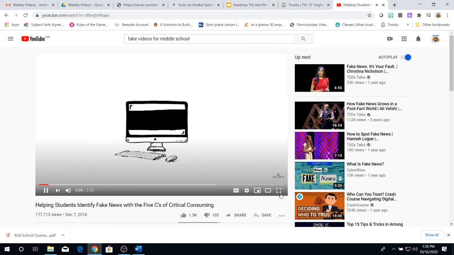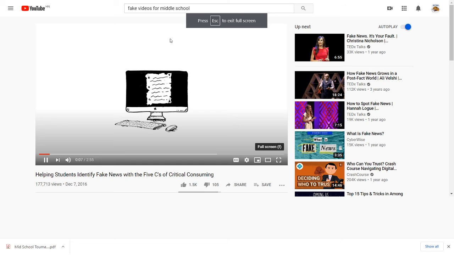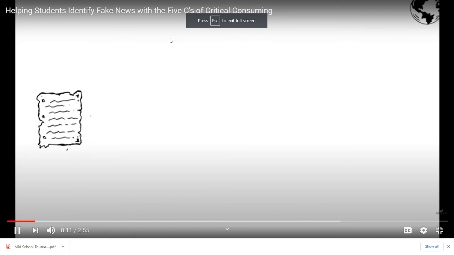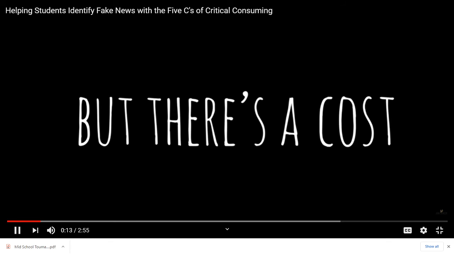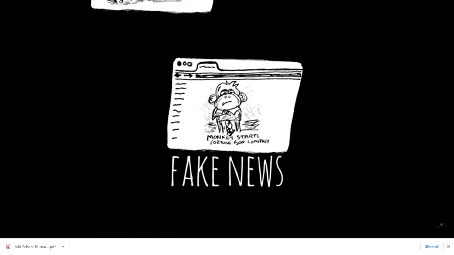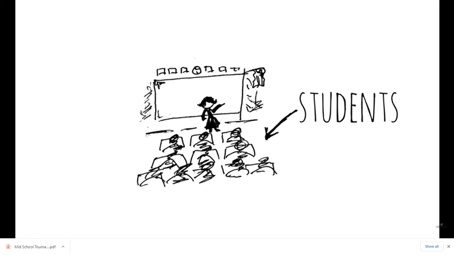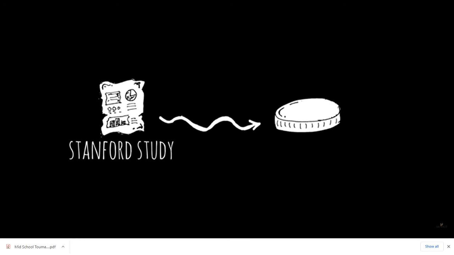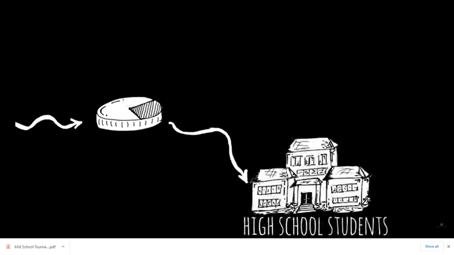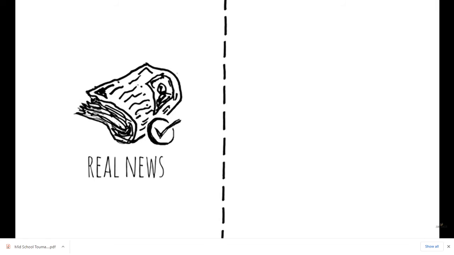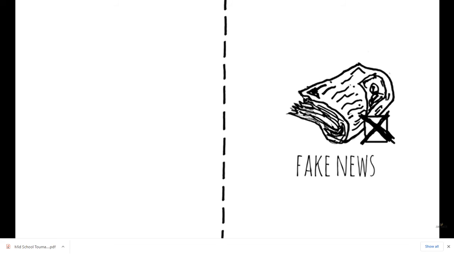With digital tools, it is easier than ever to create, edit, and publish your work to the world. But there's a cost. It's also easier than ever to spread misinformation, and fake news has become a real issue in recent times. We see this with students. According to a Stanford study, only 25% of high school students were able to identify an accurate news story compared to a fake one.